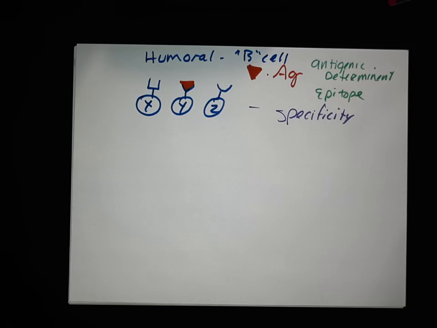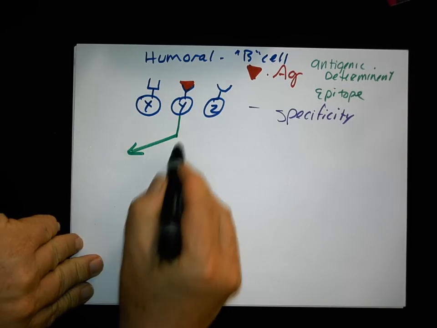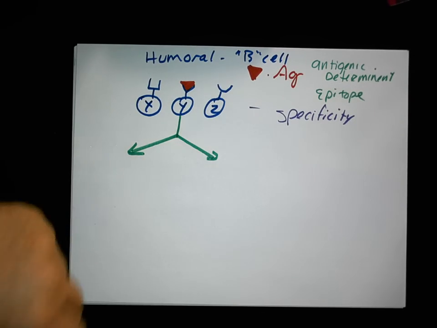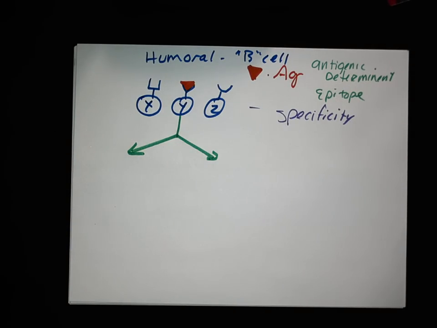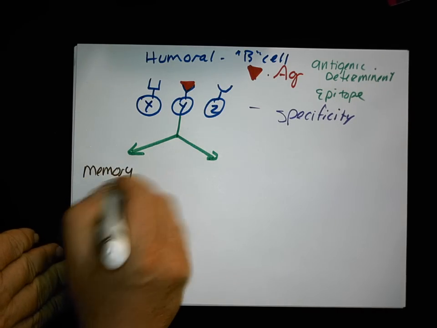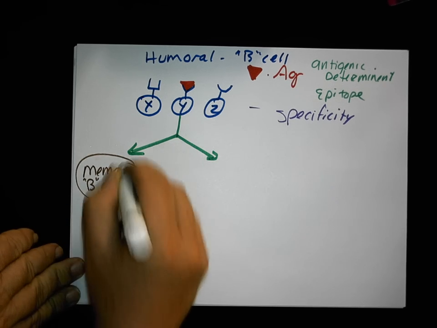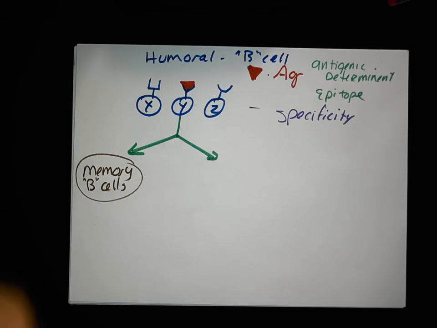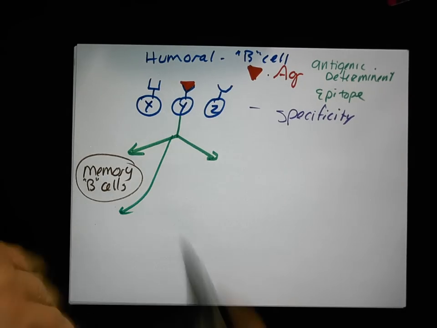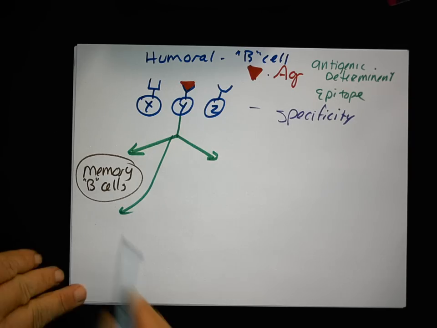Now, once that B cell has been activated, it will start growing, maturing, and dividing into two types of cells. One thing it'll grow into is called memory B cells. These memory B cells are simply more of the same.